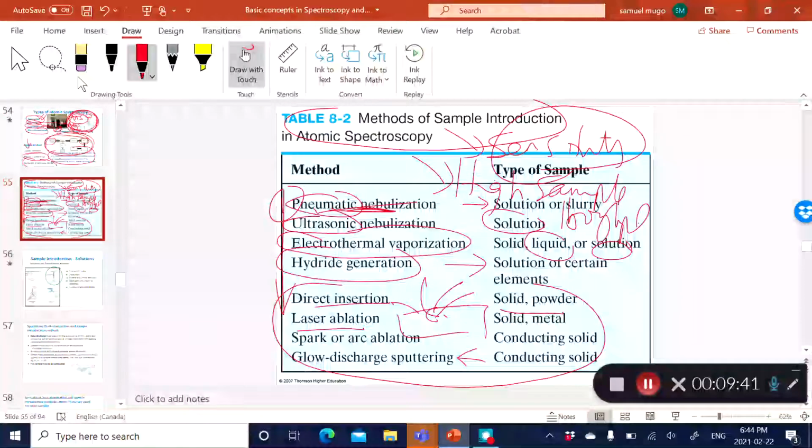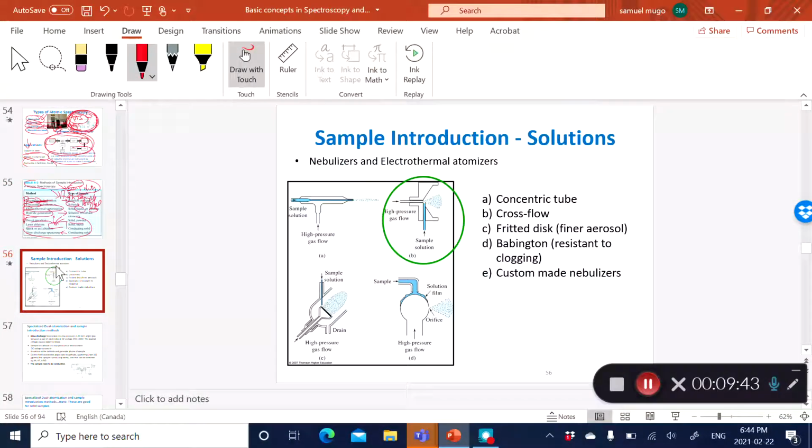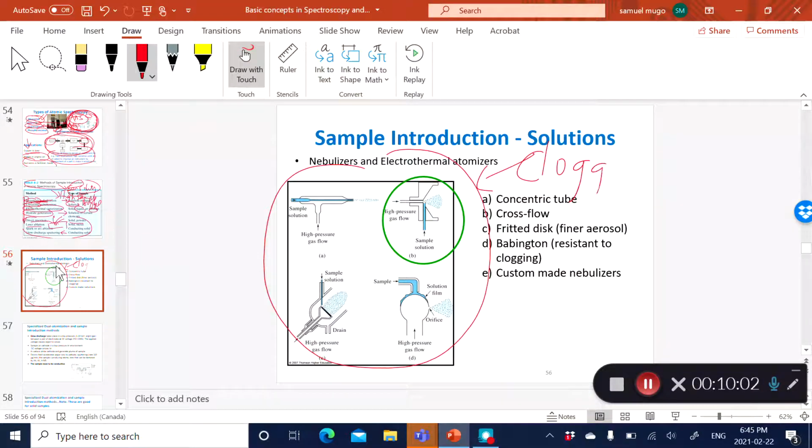So with pneumatic nebulization, you can use four different types, or even five different types, of pneumatic nebulizers. And as you can see, each one of these can be fairly resistant to clogging, because one big problem we have with nebulization is clogging.